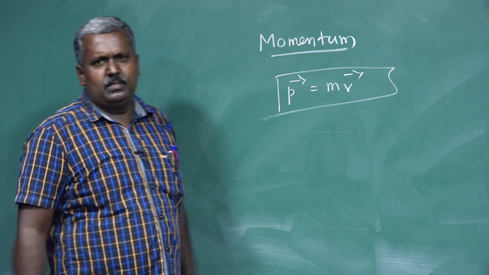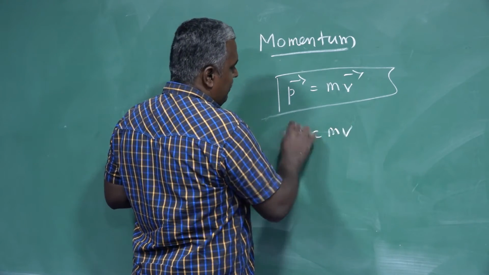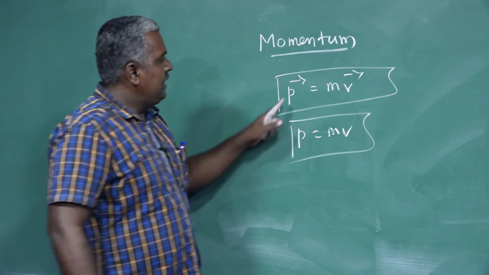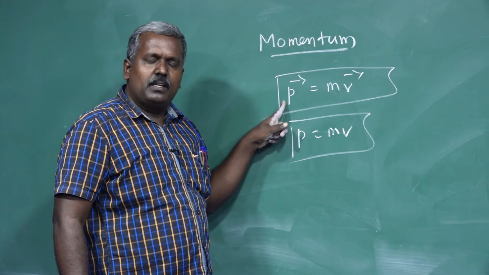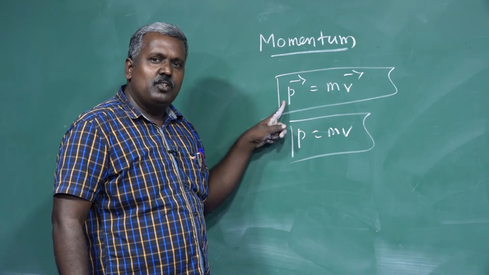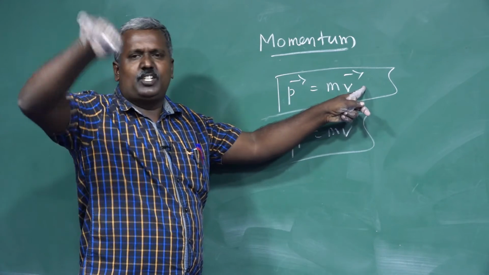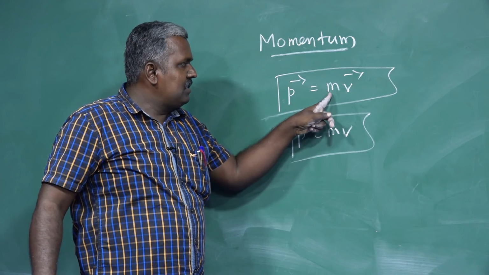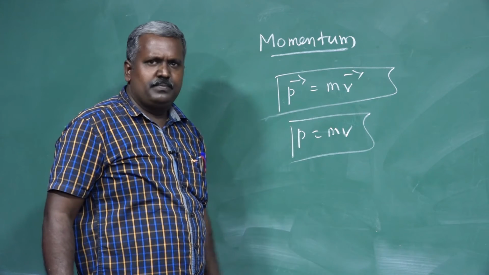So its magnitude we can write as P is equal to mv. It is a vector quantity, so it has both magnitude and direction. What is the direction of momentum? In the direction of velocity, because mass is a scalar quantity. So this is the magnitude.